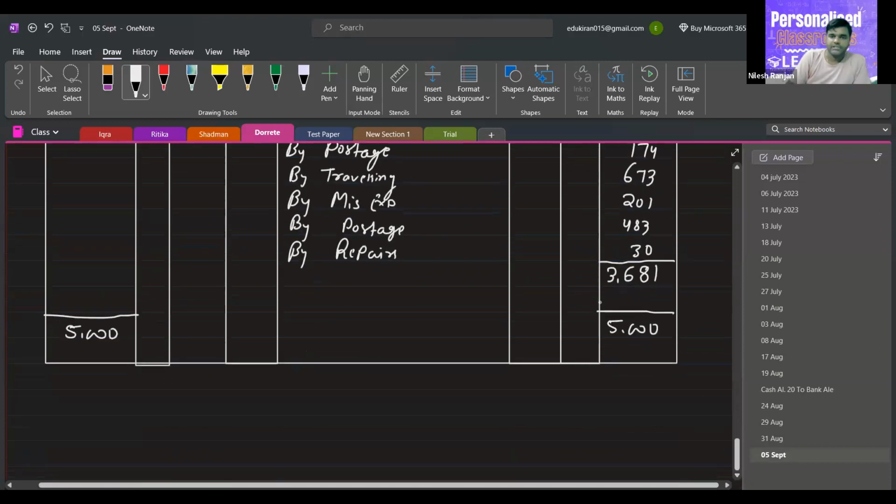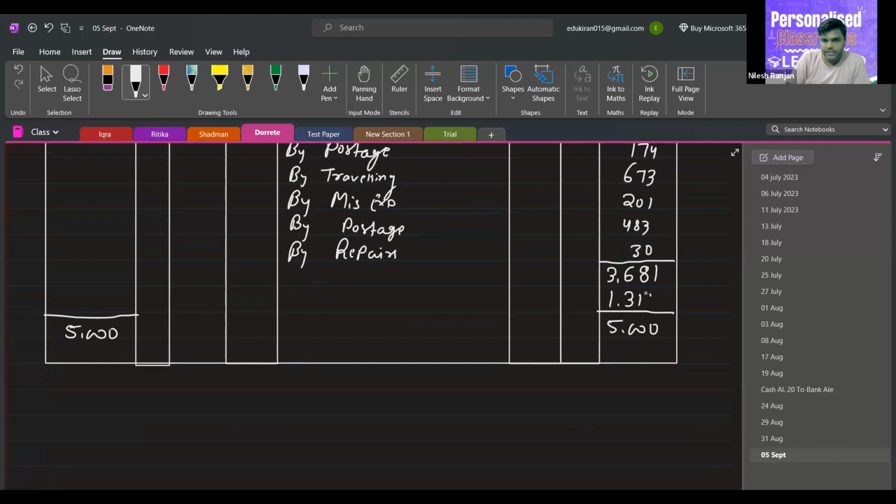Okay, so the balance will be 1,319. This balance will be again written here, to balance BD, and here it will be by balance CD.